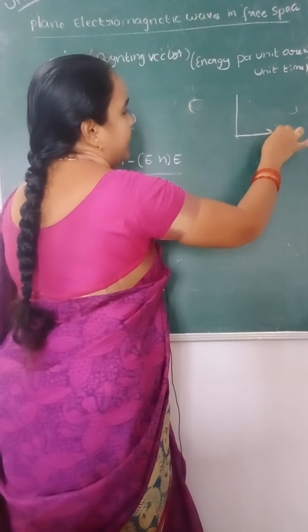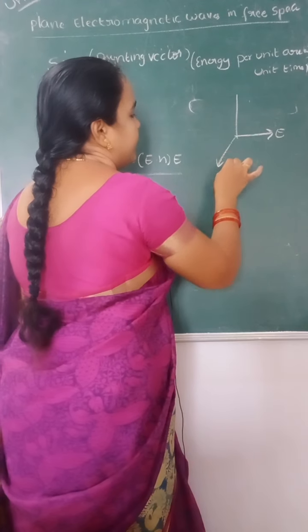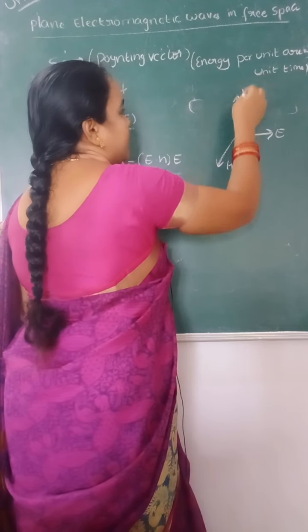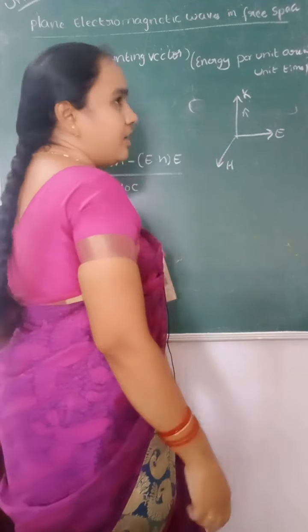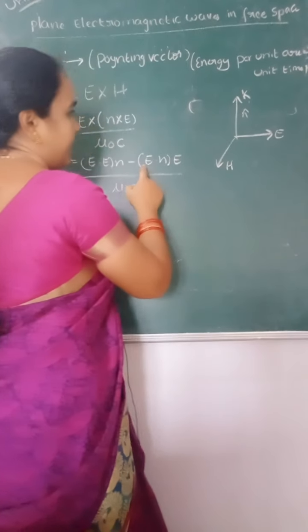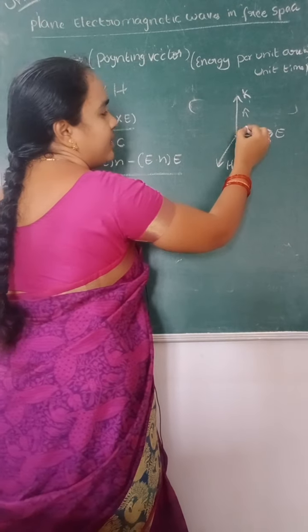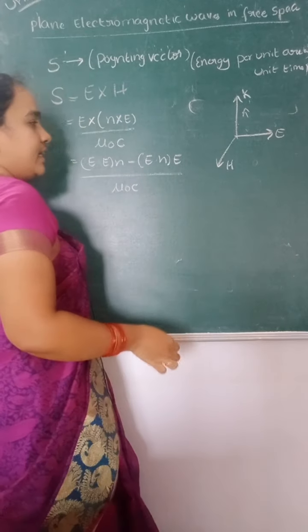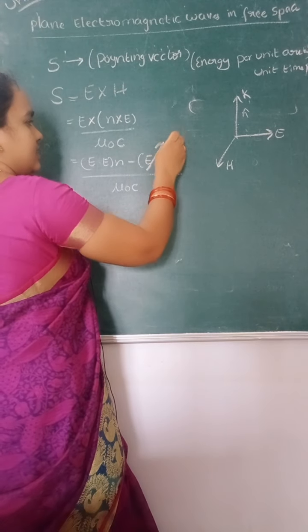We calculated that the E vector, H vector and the propagation unit vector are mutually perpendicular. Then E dot N, since the angle between these two is 90 degrees, becomes 0.